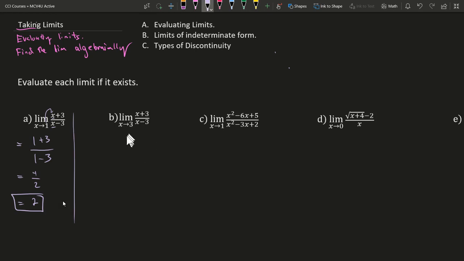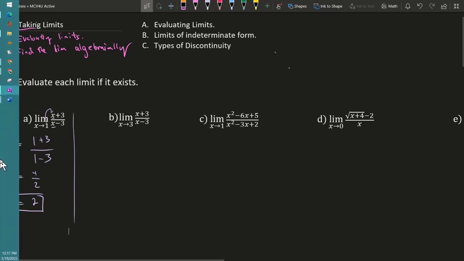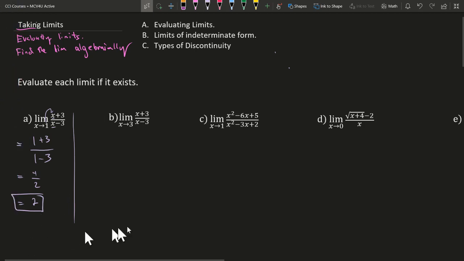For example, here, if I let x equal 3 rather than 1, notice it's the same expression. I let it equal 3 rather than 1, I'm going to see what happens here, okay? And so it's going to be 3 plus 3 over 3 minus 3, which is 6 over 0, which is undefined. And so we would say that it does not exist.